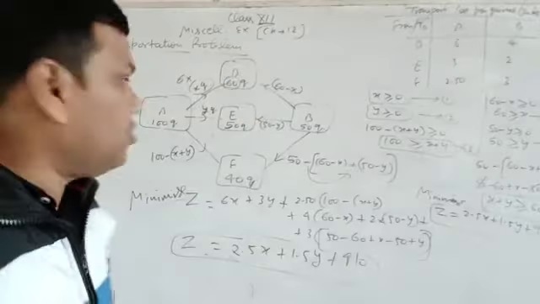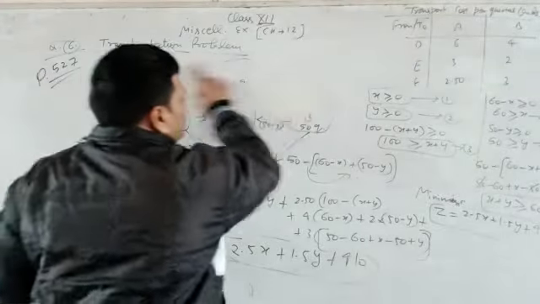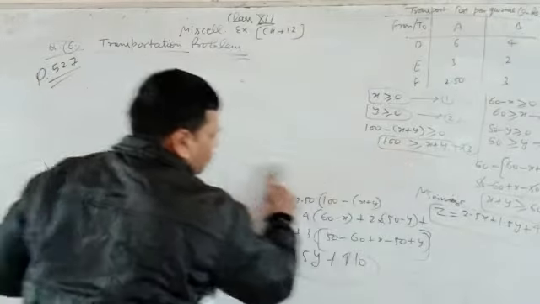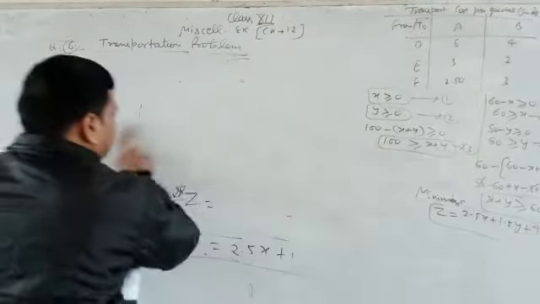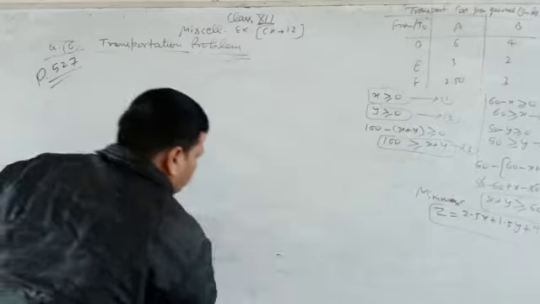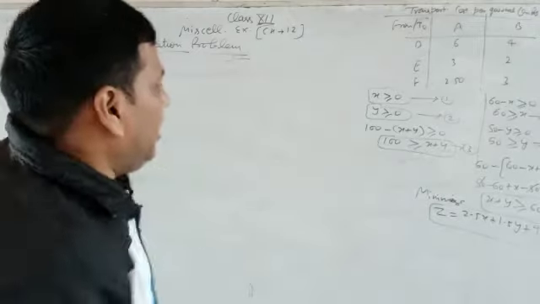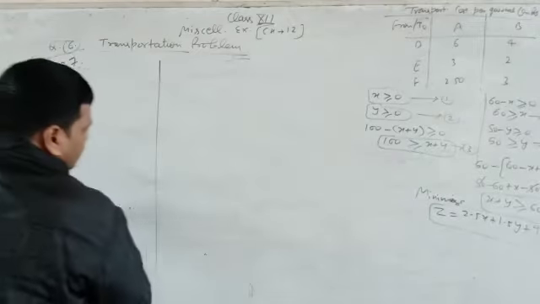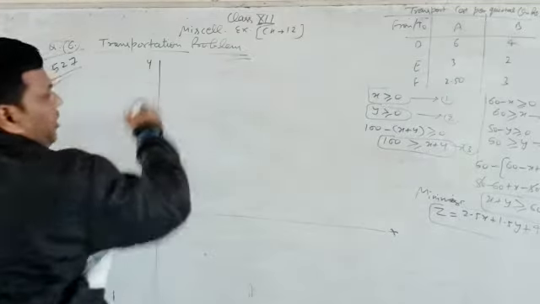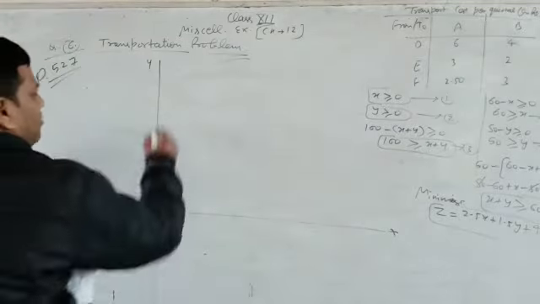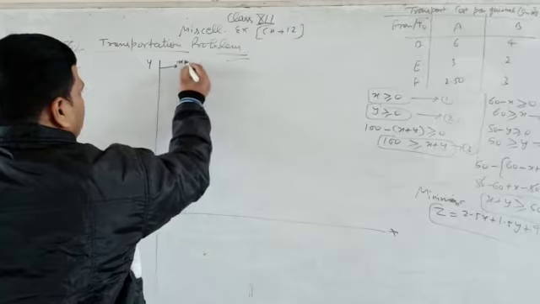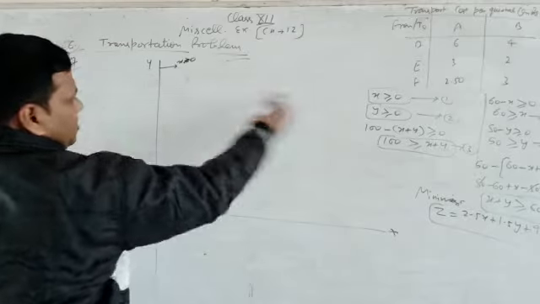Now we can move to the graph. You can easily draw the graph here. If you calculate properly, you can draw this graph. First, x is greater than or equal to 0, meaning this side.